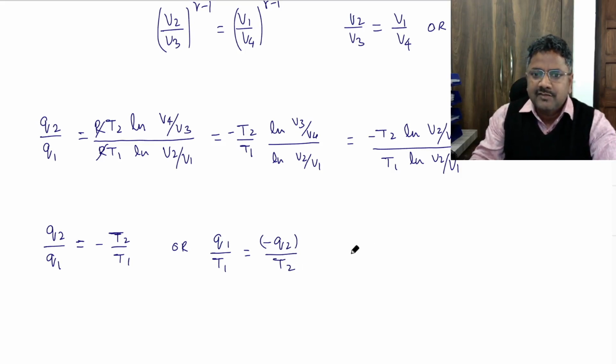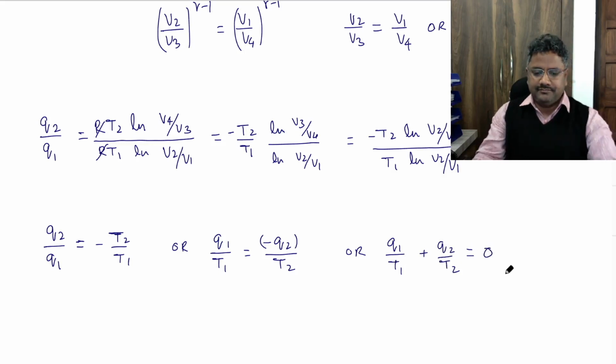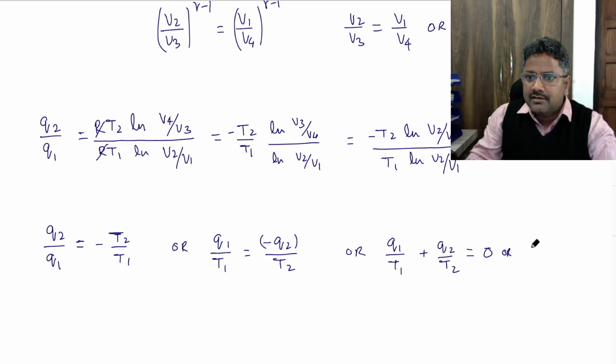Or you can write Q1 by T1 plus Q2 by T2 is equal to 0, right? Or you can write delta Q reversible by T is equal to 0.